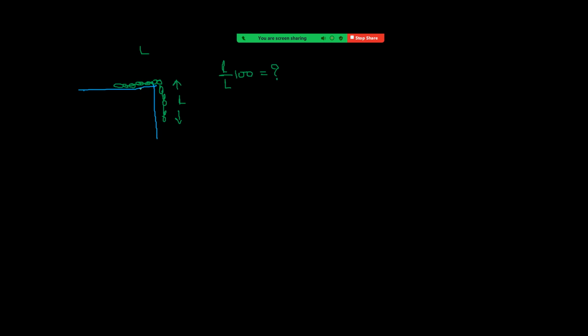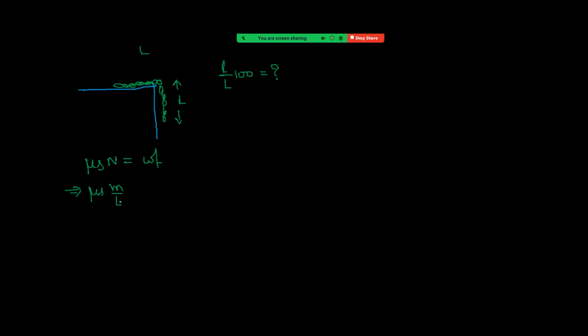So chain is about to slip means what I can write here, frictional force on that chain by the table, that is we can write mu s into normal reaction. This must balance weight of the hanging part of the chain. So mu s in the place of normal reaction, let us take total mass is m.